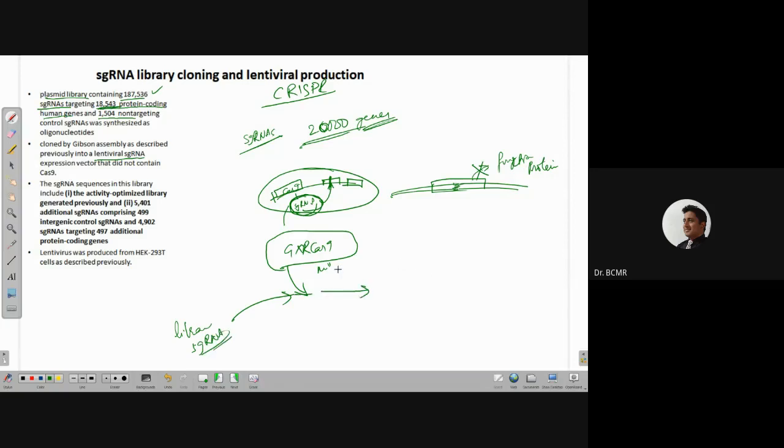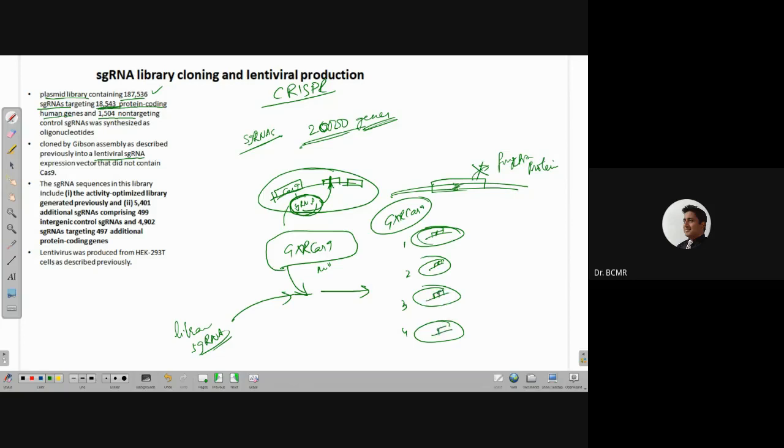What are you generating? Different types of GXR Cas9 cells, but there is a difference between cell 1, cell 2, cell 3, and cell 4. In each of them, a different gene is mutated.